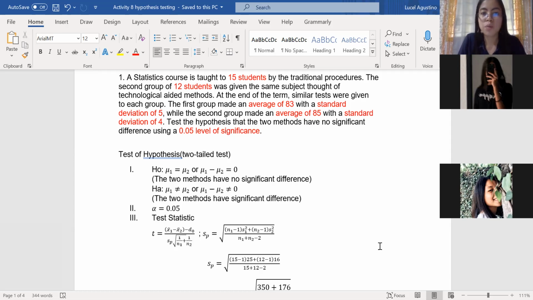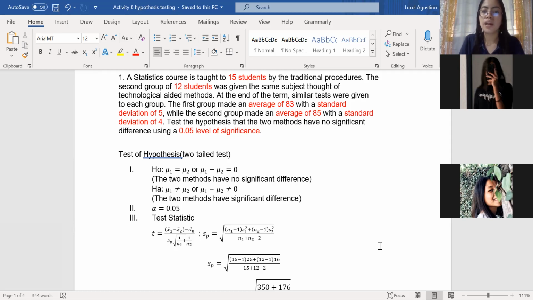The second group of 12 students, so remember there are two groups, so sample size 1 is 15 and sample size 2 is 12, was given the same subject taught with technology-aided methods. At the end of the term, similar tests were given to each group.